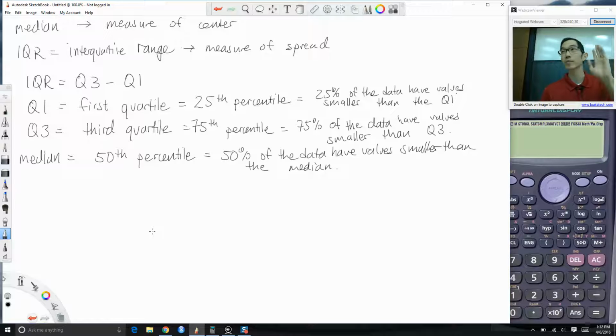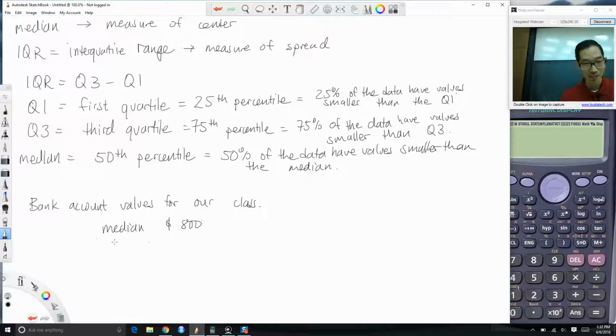If we're talking about bank account values for our class, again completely making up these numbers, we'll say the median is $800. I'm not going to make anybody raise your hand.